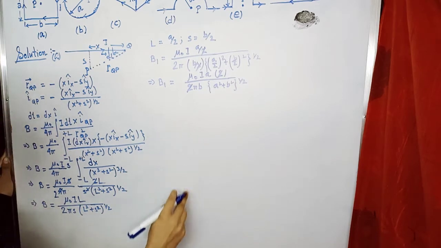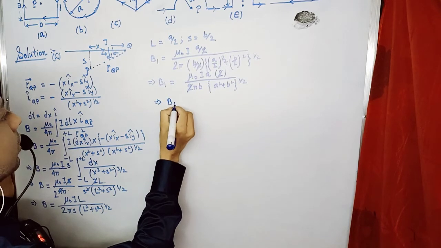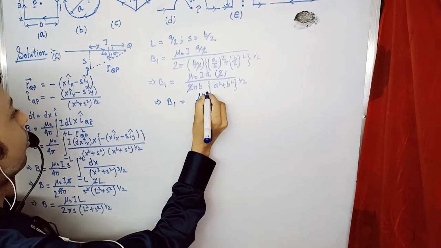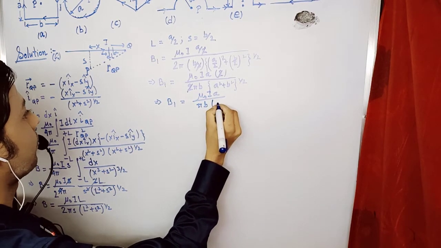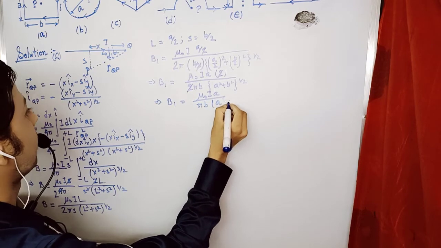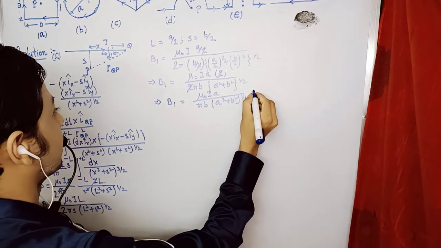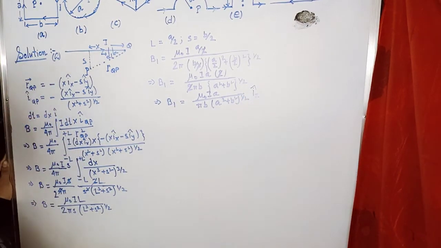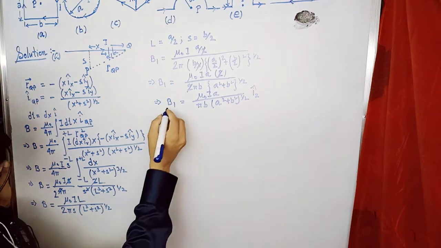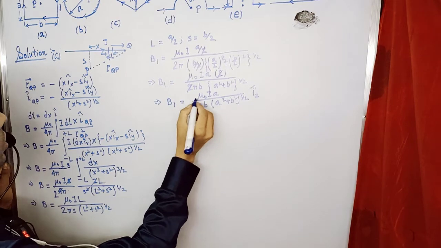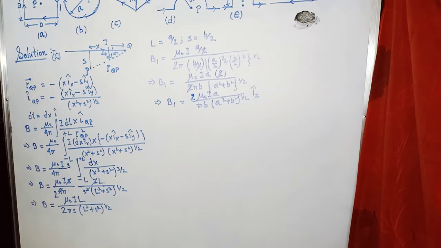Therefore, we can write B1 is equal to mu naught IA divided by pi B into A square plus B square whole to the power half, with its direction iz cap. And again we see there are two symmetrical parts. Therefore, net B1 is equal to 2 times this quantity.